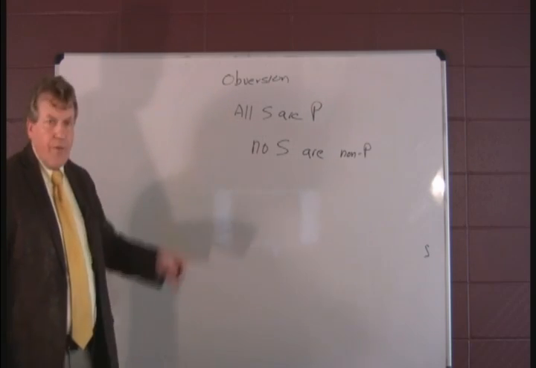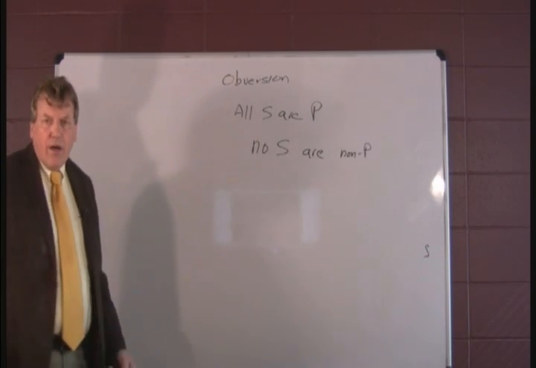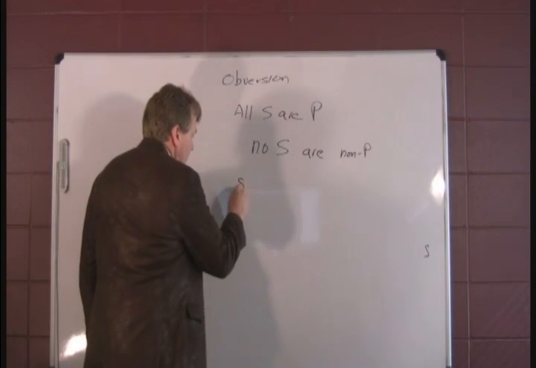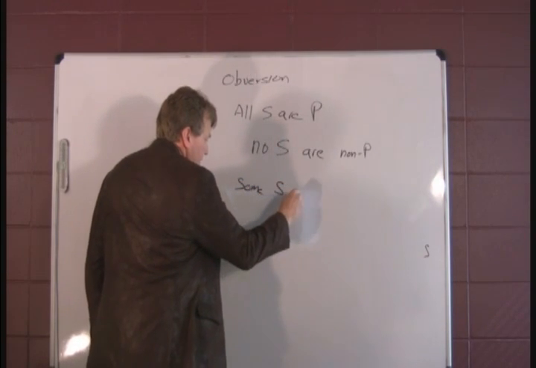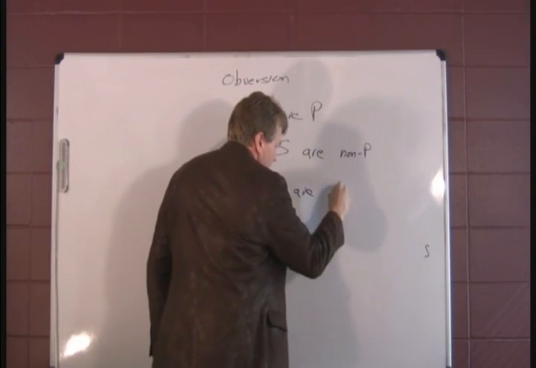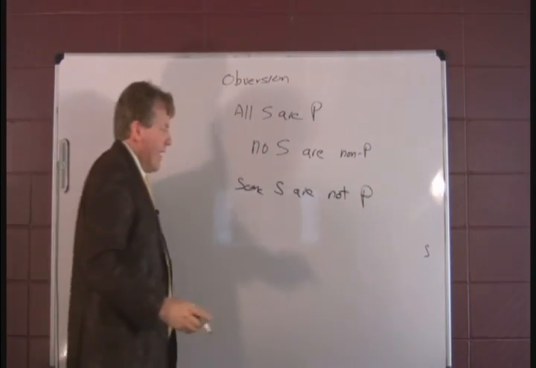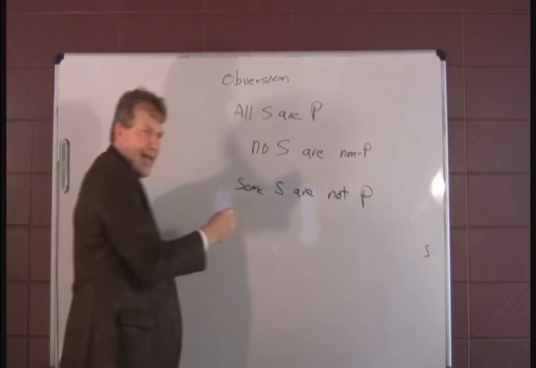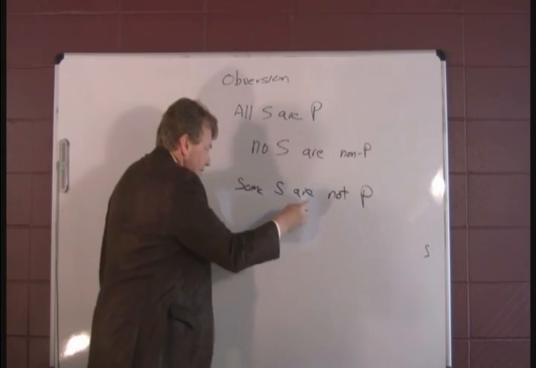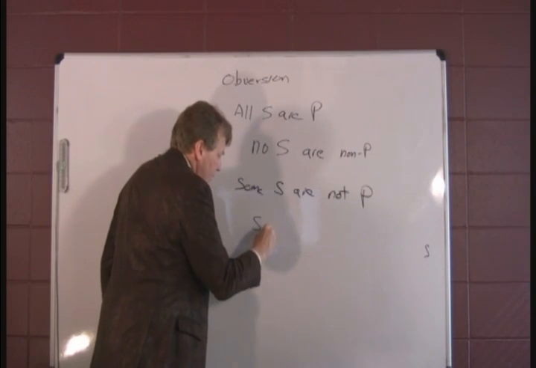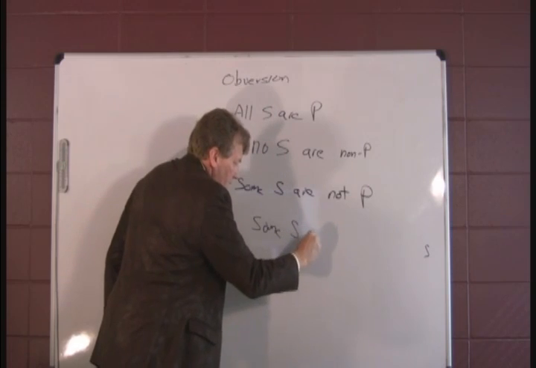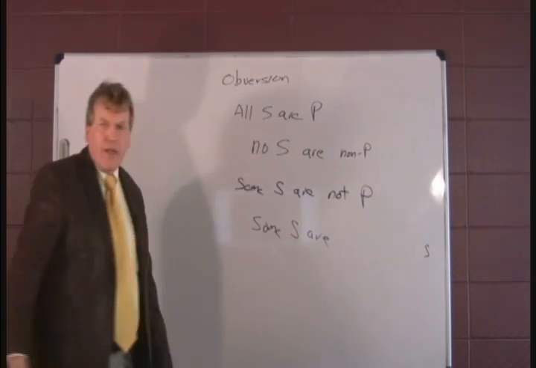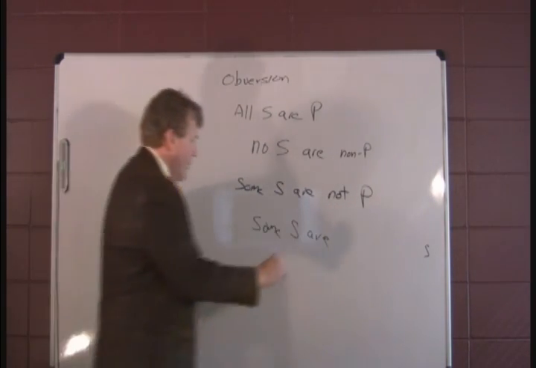And this works for everyone, but we'll just go down and do it for O. Some S's are not P. Now you go from O to I. Some S's, now you got to negate your P, are non-P.